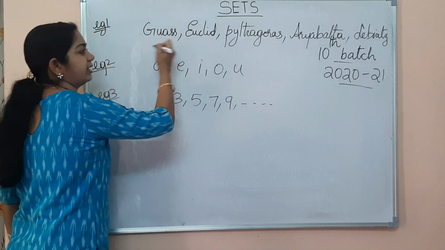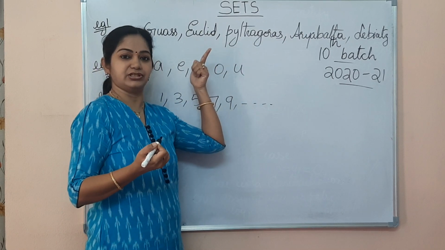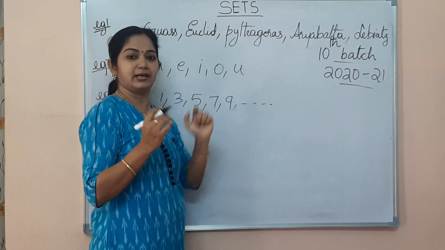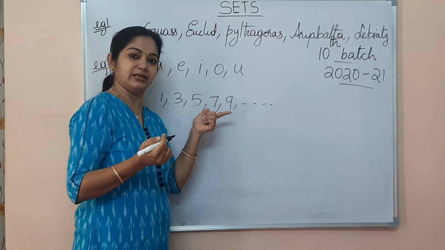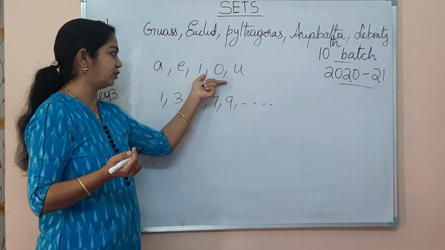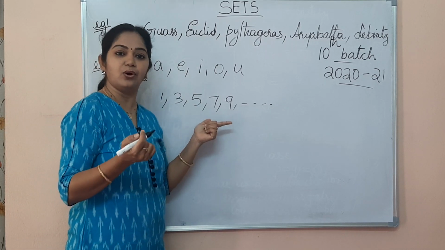They are great mathematicians. A few of the great mathematicians I have listed out in a collection. Here they are the vowels of the English alphabet, A, E, I, O, U. And here I have written 1, 3, 5, 7. They are the odd numbers.